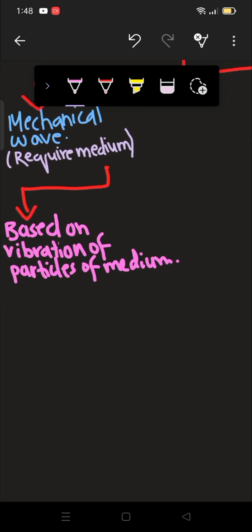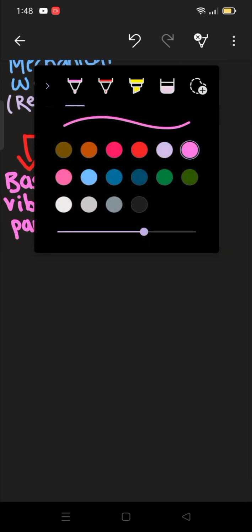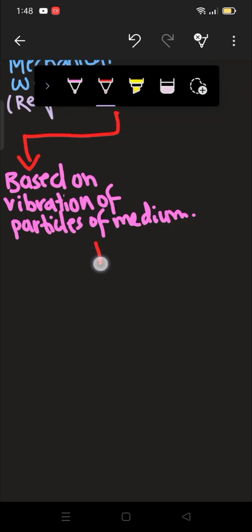This type is further divided into two types. What are these two types? Based on vibration of particles of medium, how the particles of the medium would be traveling. Either they would be perpendicular to the direction of propagation, or they would be parallel to the direction of the propagation.